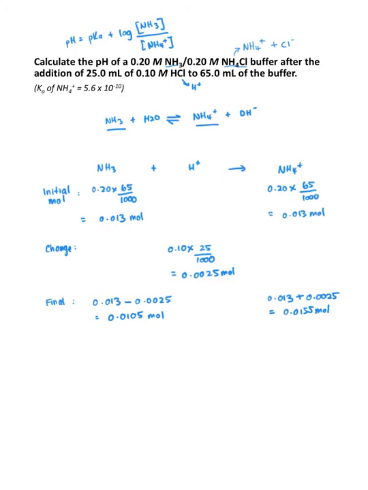Okay, so now you have the new number of moles for NH3 and NH4+, and you can now use these values in the Henderson-Hasselbalch equation. Again, the equation is pH equals pKa plus log of ammonia concentration divided by NH4+ concentration. You don't have pKa, but you are given Ka, so pKa will be negative log Ka.